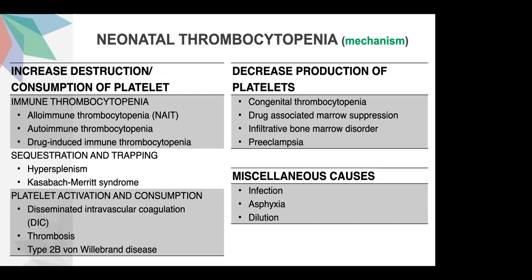In DIC, thrombosis and also type 2B von Willebrand disease, we have platelet activation and consumption that eventually lead to a reduced number of platelets, and the child develops neonatal thrombocytopenia. Congenital thrombocytopenia, drug-associated myelosuppression, infiltrative bone marrow disorders like leukemia, and preeclampsia can cause decreased production of platelets, and eventually the child will have thrombocytopenia. Other miscellaneous causes of neonatal thrombocytopenia are infection, asphyxia, and dilution.